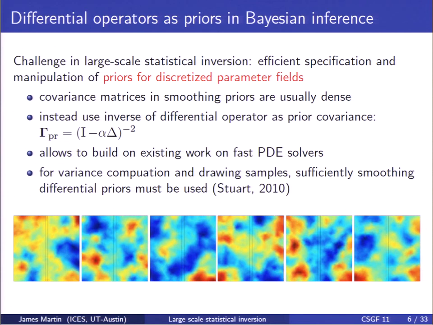And so we need something more scalable to do that. So instead of writing down a dense covariance matrix, we write down an operator in the form of an inverse differential operator. And here, the Laplace term provides some smoothing. Alpha acts like a correlation length. And then you can see at the bottom, we've just plotted some samples of this distribution for a 2D problem.